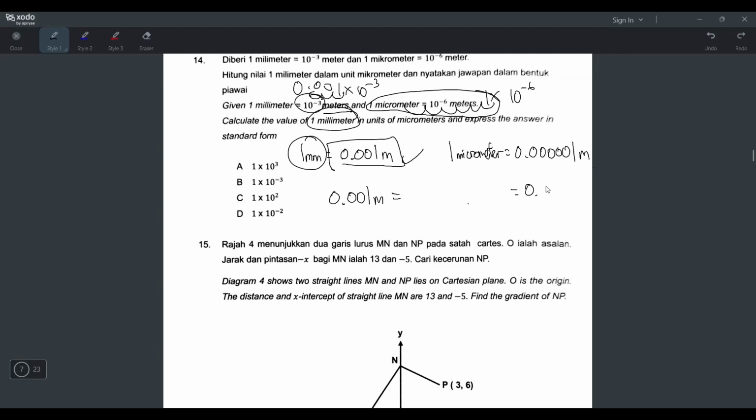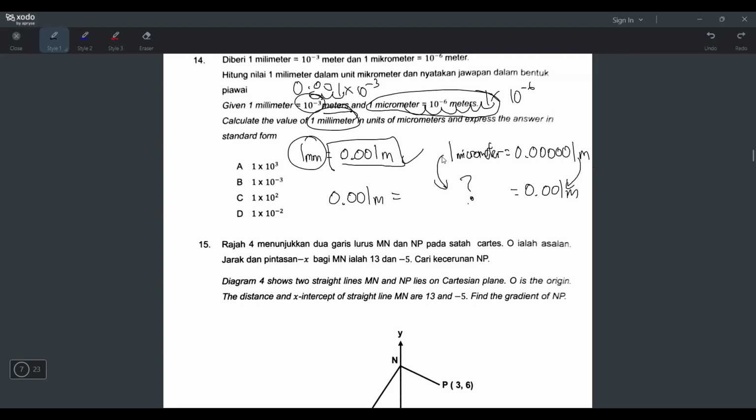So what if I ask you 0.001 meter is equivalent to how much here? So you will try to see from here to here, divide by how much first. I want to know how to get from here to here so that I can do the same here.